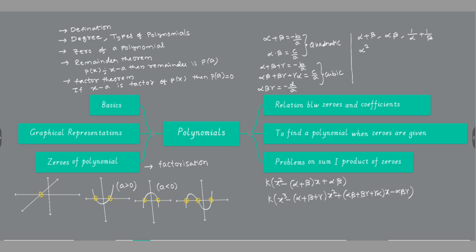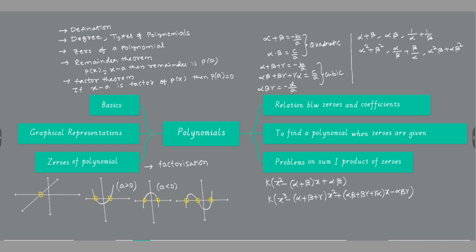They may ask you alpha square plus beta square, alpha by beta plus beta by alpha. Like these different questions based on the relation between zeros and coefficients. So these types of questions may be given based on problems on sum and product of zeros.